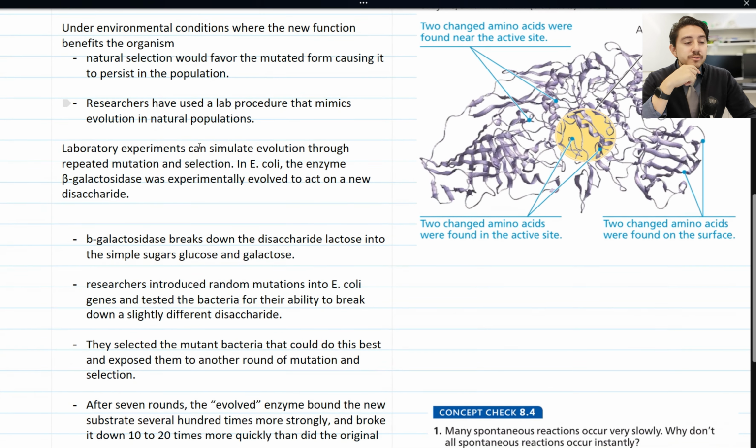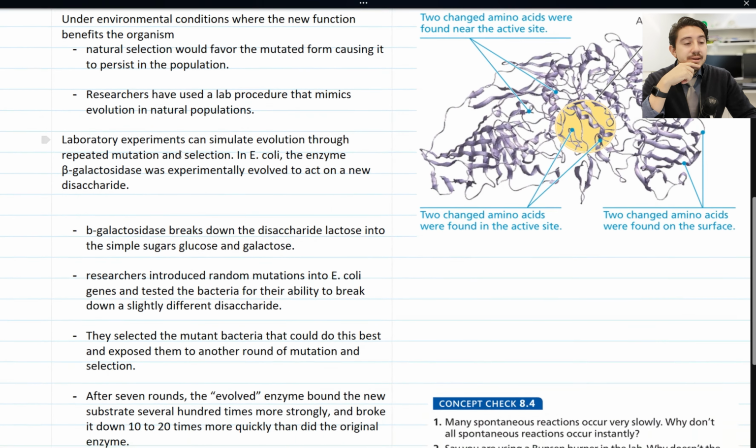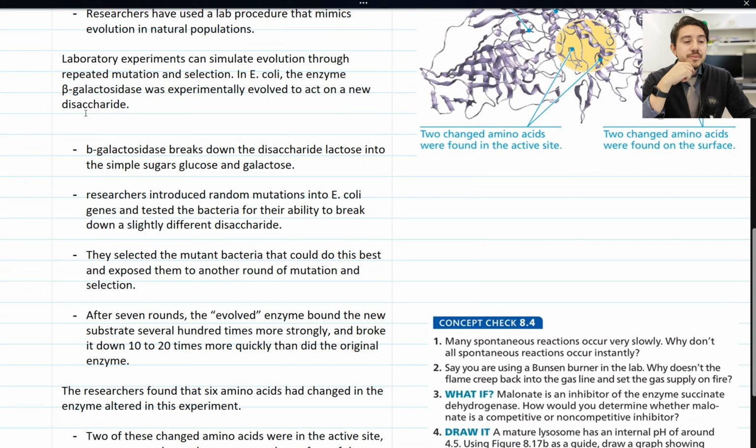Researchers have used a lab procedure that mimics evolution under natural conditions to see how this works for enzymes. There have been many lab experiments to simulate evolution through repeated mutation and selection in bacteria. In E. coli, there's an enzyme called beta-galactosidase, which was experimentally evolved to act on a new disaccharide.